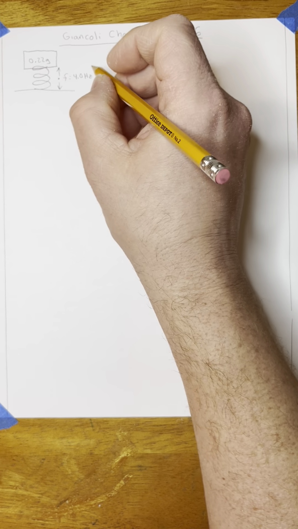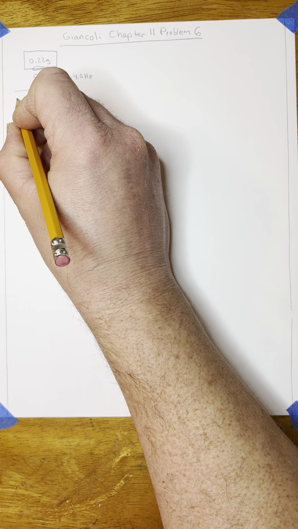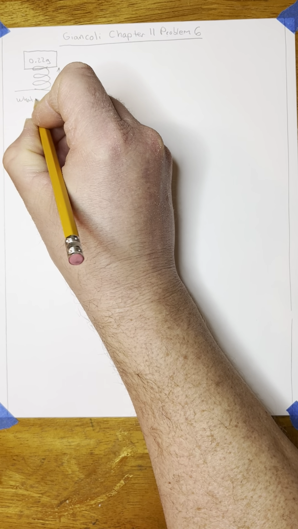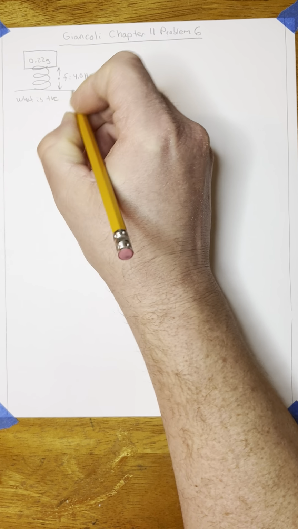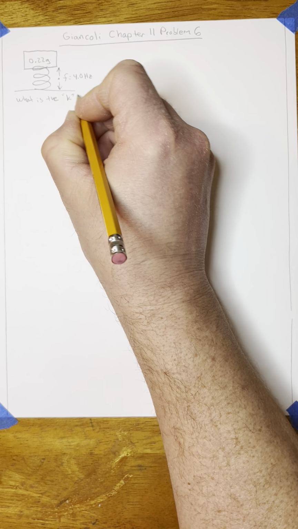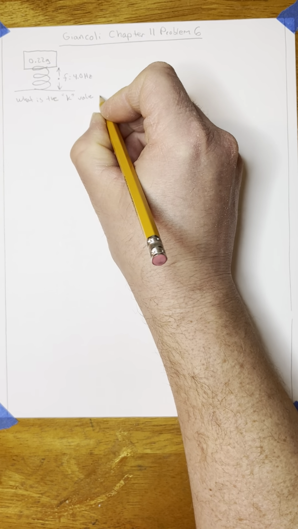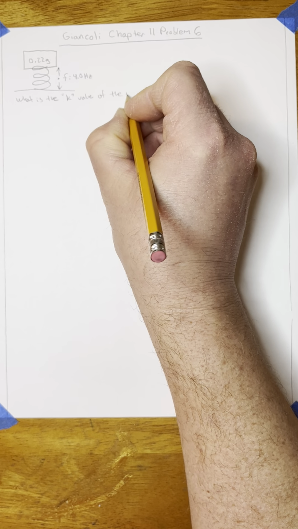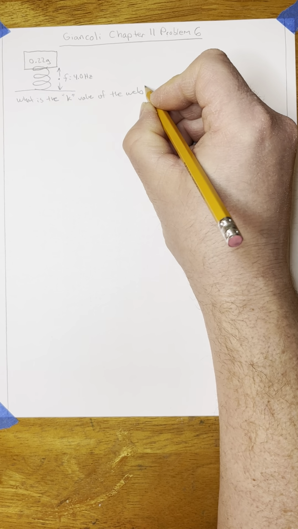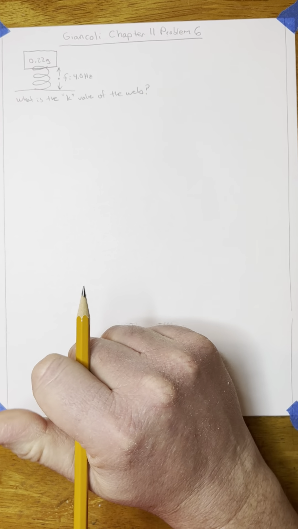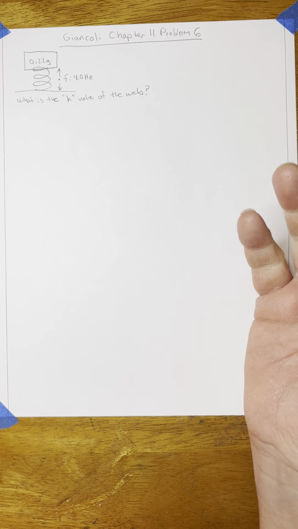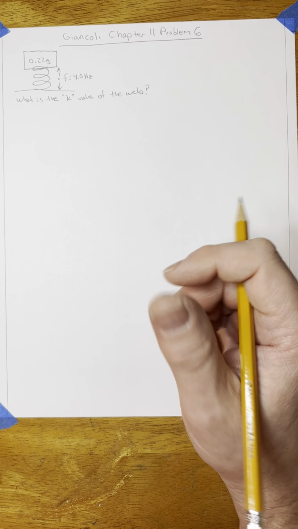And what they would like to know is, what is the K value of the web if we imagine the web to be a spring and the fly to be a mass attached to that spring?